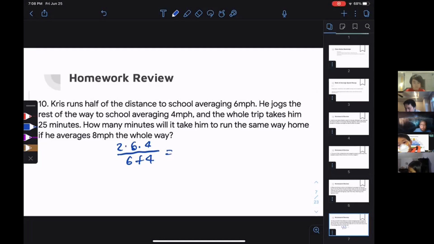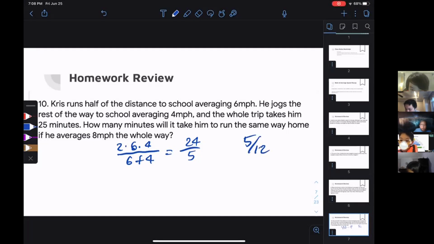Yeah, that should be a valid approach because he runs the same distance each time. The average speed would be the harmonic mean of 6 and 4, and that would be 48 over 10, which is 24 over 5. And then that took him 25 minutes, or 5/12 of an hour.